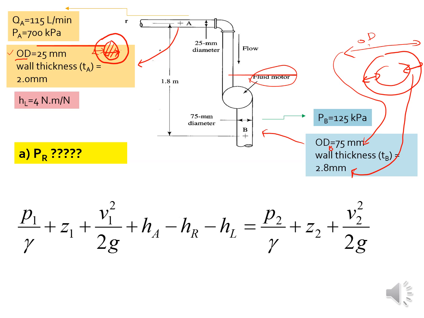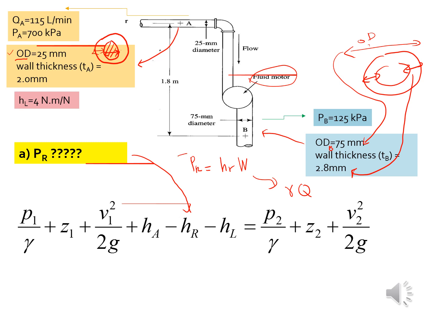Actually, this is the initial formula that we can use to determine HR. From HR we can determine PR, in which PR equals HR times W, the work done, where W equals specific weight times the flow rate.